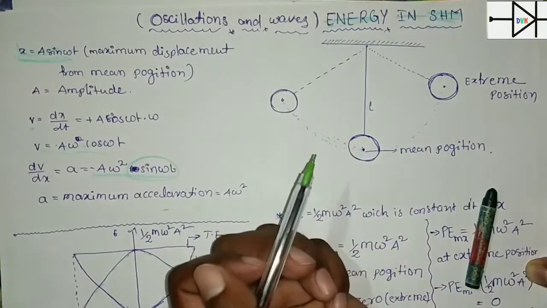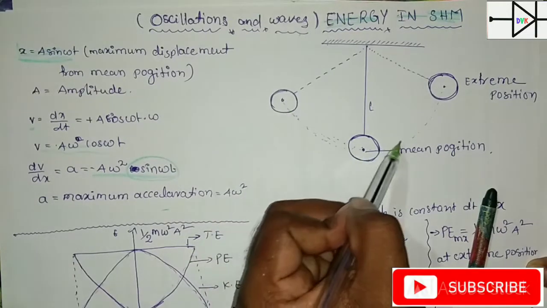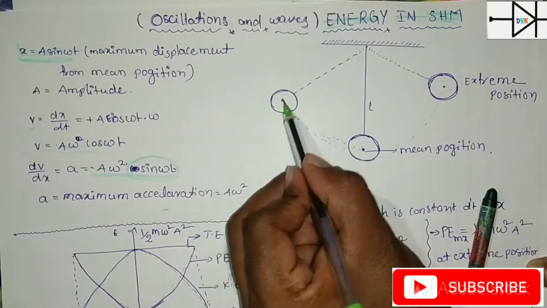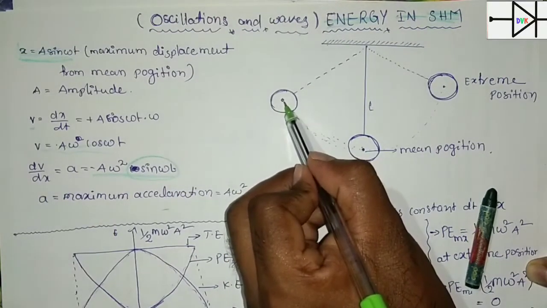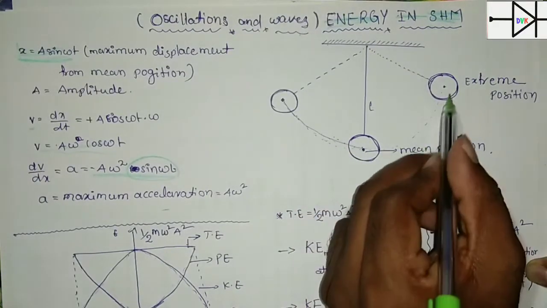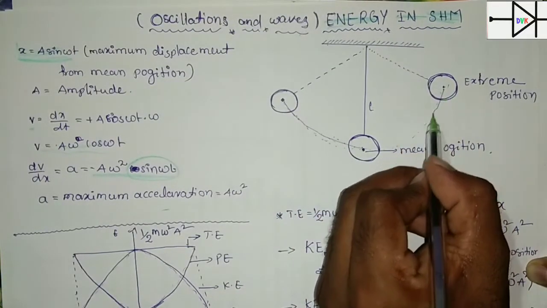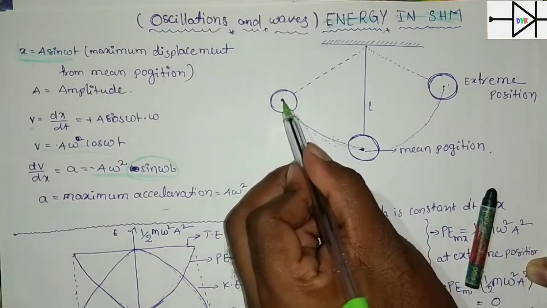Okay, time period: the time required for a complete oscillation is equal to the time period. If the oscillation starts at an extreme point, it comes to the mean position, then to the other extreme point, again back to the mean position, and again comes to the same position.